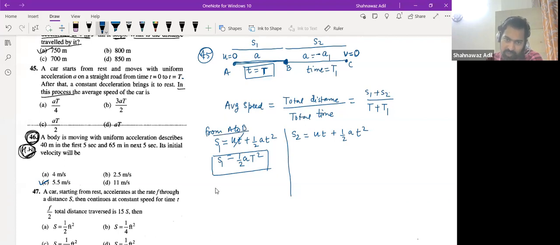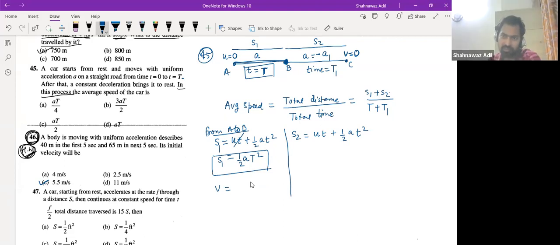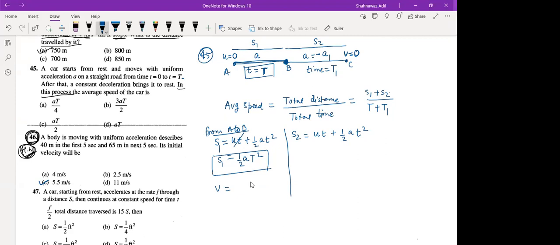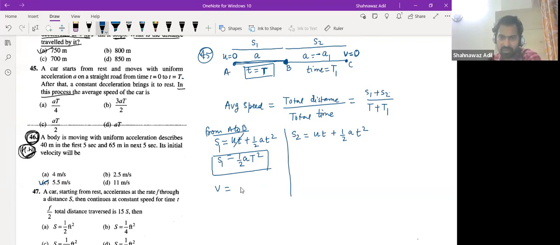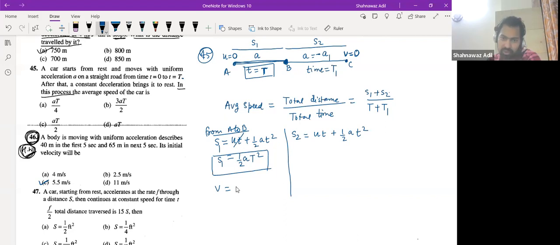From A to B, what would be the final velocity? Can you guys tell me? Yes, Rishita. First equation: the final velocity is U plus AT.